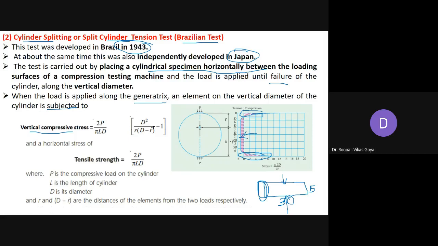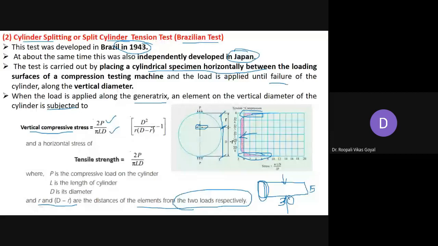The vertical compressive stress is given by 2P upon pi LD, times d square upon r into d minus r, minus 1, where r and d minus r are the distances of the element from the two loads respectively. From the top, r is this distance and d minus r is the other. We are not interested in this vertical compressive stress.